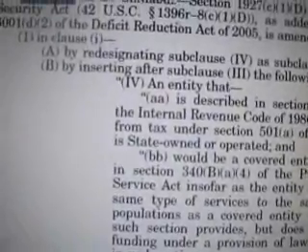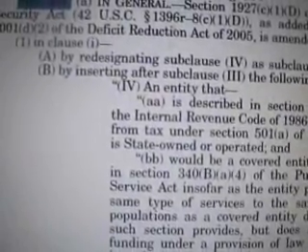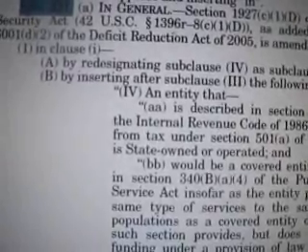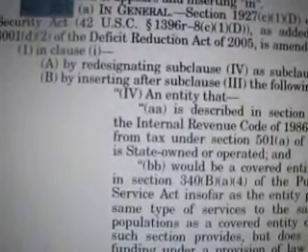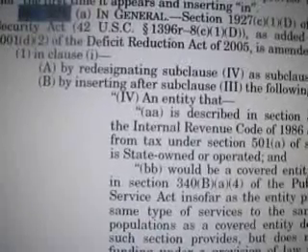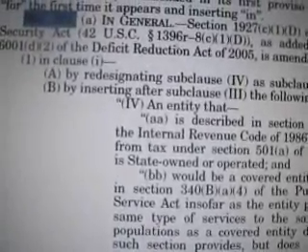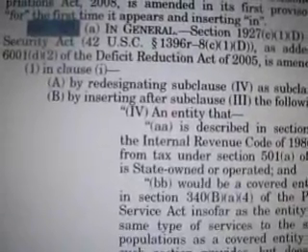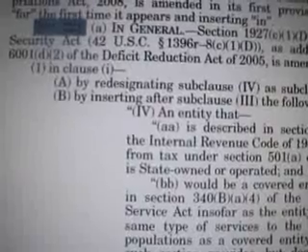So it says Section 1927(c)(1)(D) of the Social Security Act, which is 42 U.S.C. 1396r-8(c)(1)(D), as added by Section 6001(d)(2) of the Deficit Reduction Act of 2005.